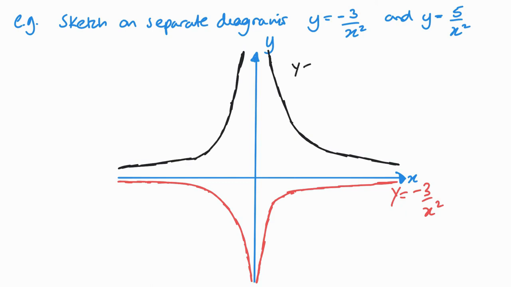And then something like that. Again, it doesn't have to be perfect. What I want to demonstrate is that this one is further from these axes than my minus 3 over x squared. And then I'm done.